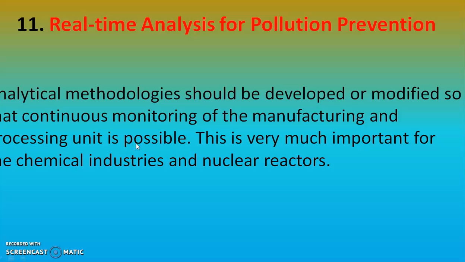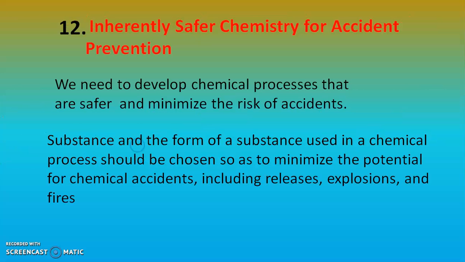Next is real-time analysis for pollution prevention. In that, analytical methodologies should be developed or modified so that continuous monitoring of the manufacturing and processing unit is possible. This is very important for chemical industries and nuclear reactors.